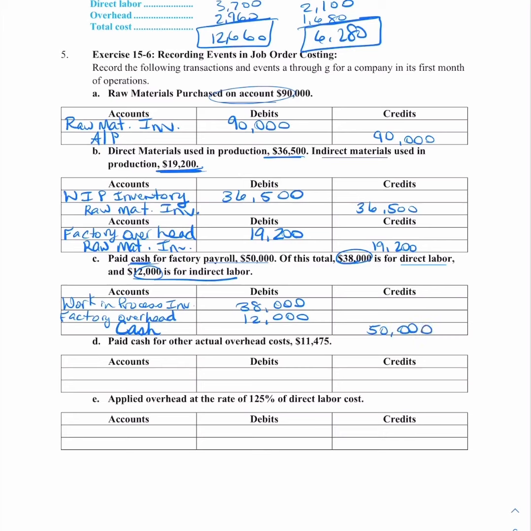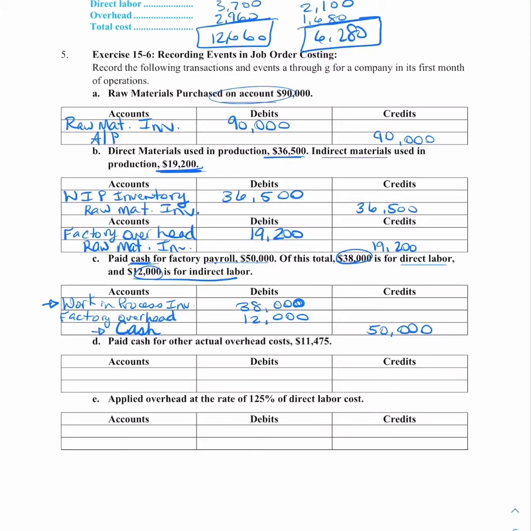So let's just say you got confused anyway. You knew the work in process inventory had to be a debit. You knew the cash payment had to be a credit. If you just skipped over factory overhead and left that line in the middle blank for a second, you could look at it and see at that position in the journal entry, you would only have $38,000 in debits, $50,000 in credits. So if you credited that factory overhead account, you would just make that disparity greater, which would not be the goal.